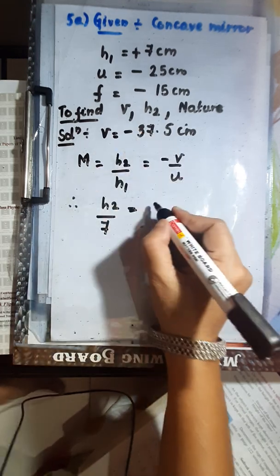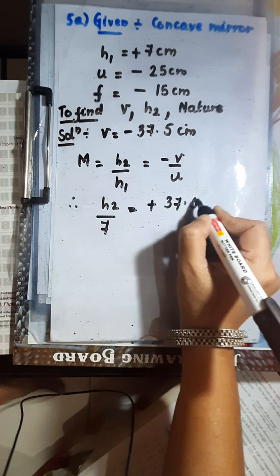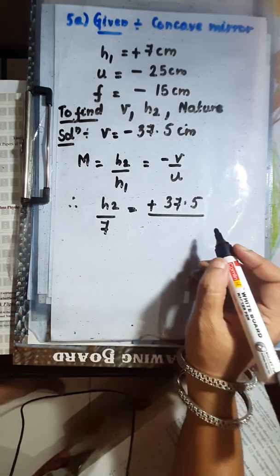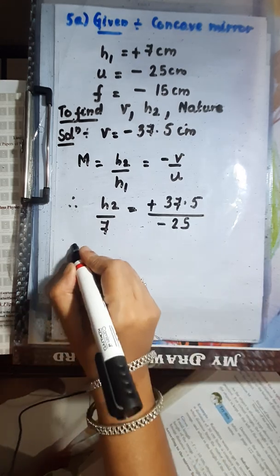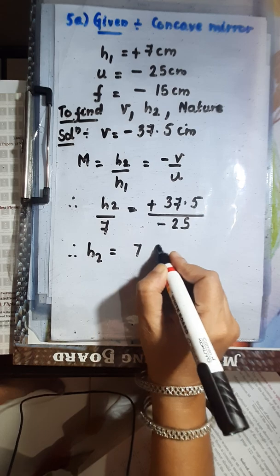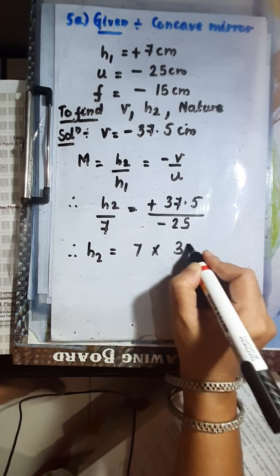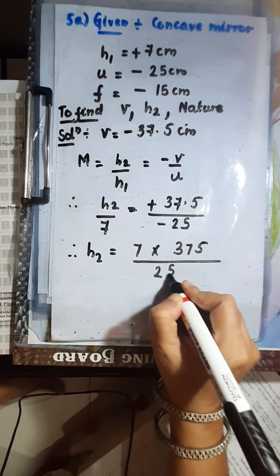This is minus and this minus, that becomes plus 37.5 upon u. How much is u? U is minus 25. Therefore, h2 is equal to 7 into 375 upon 250.